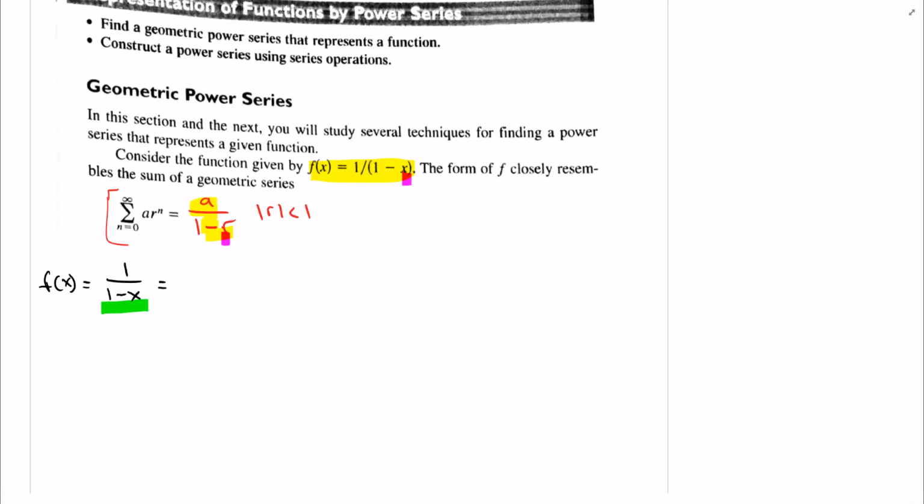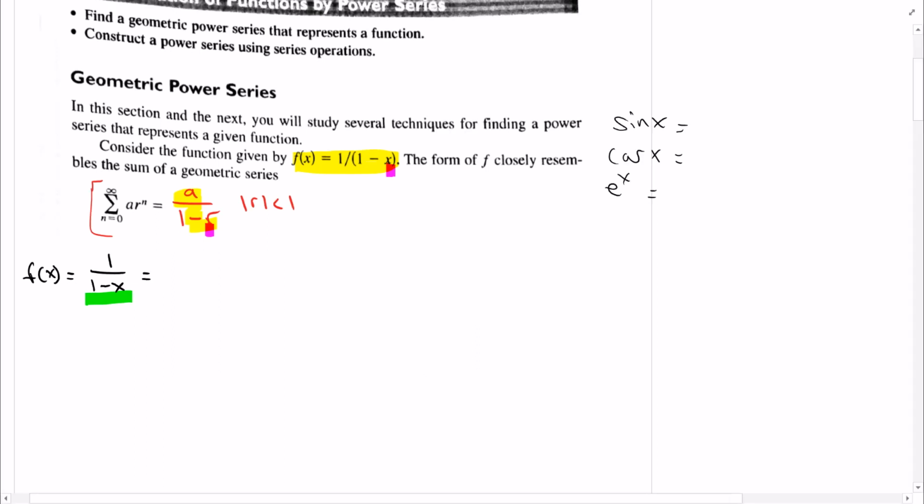So far, I've talked to you about sine x, cosine x, and e to the x, and I've said that we need to memorize those. Like we need to memorize how to create the formula for those, right? So if you haven't got this down, write this somewhere and start working on memorizing these. The way I like to memorize it is sine is an odd function, so it's all the odd ones that are going to come out of this, right?